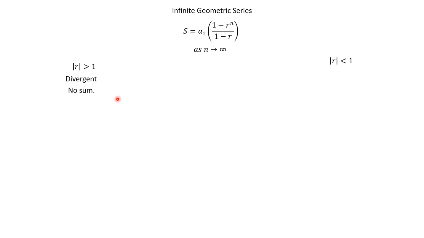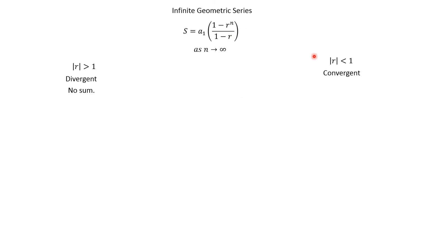And so sometimes we can't. For example, if r was 2, we have like 5, 10, 20, 40, 80. Those numbers are going to get bigger and bigger, and we're not going to be able to add them together. However, if the absolute value of r is less than 1, it's called convergent, and it does have a sum.